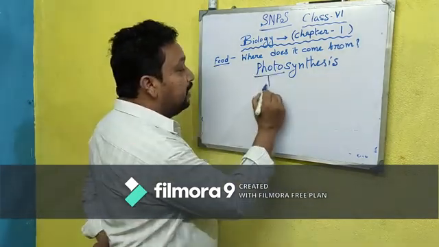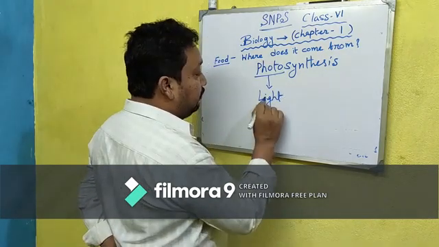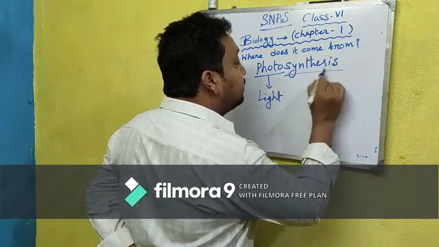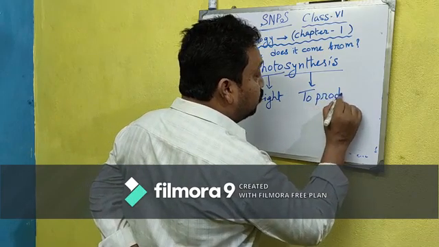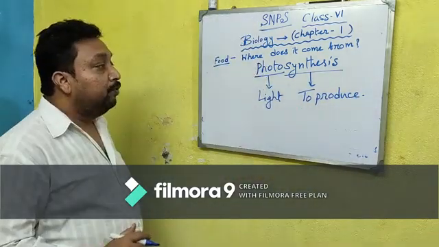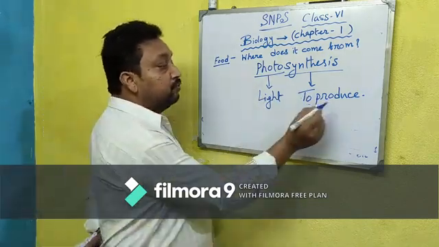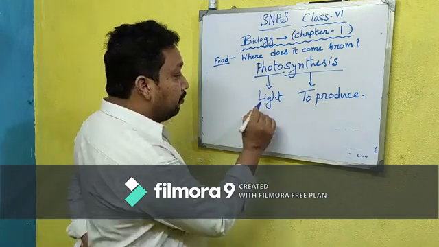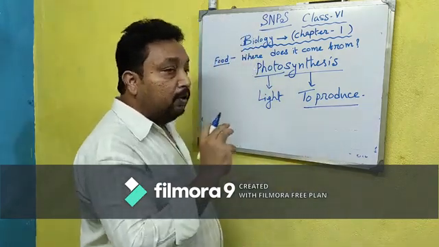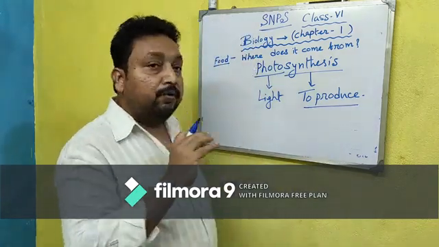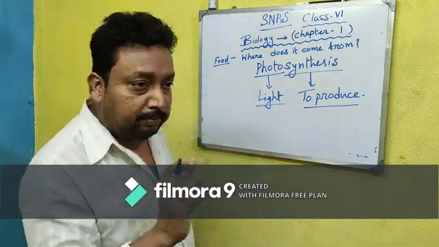Photo means light, and synthesis means to produce. So photosynthesis is the process of preparing food which requires light.